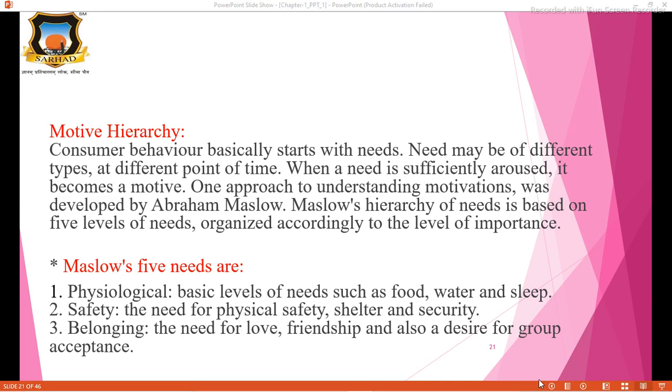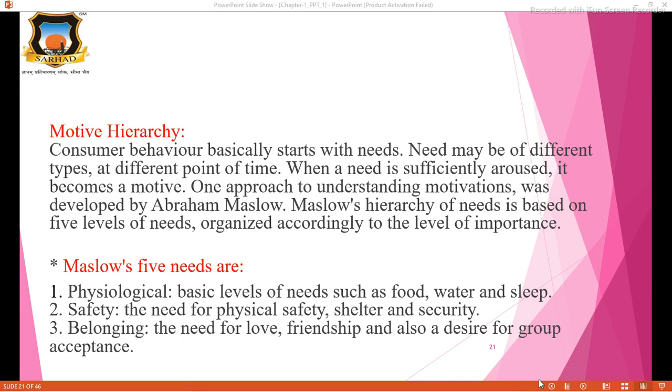So let us discuss the motive hierarchy. Hierarchy means stages. Consumer behavior basically starts with needs. Needs may be of different types at different points of time. When a need is sufficiently aroused, it becomes a motive.